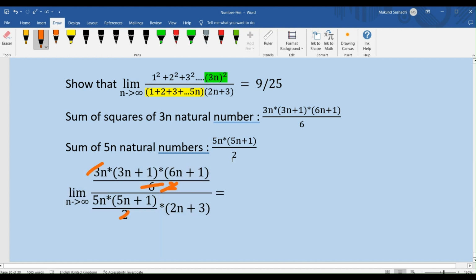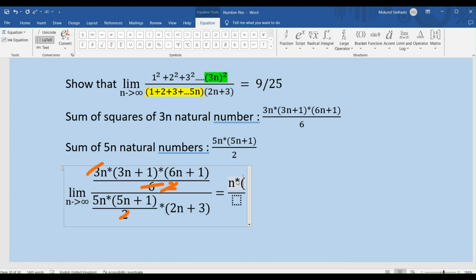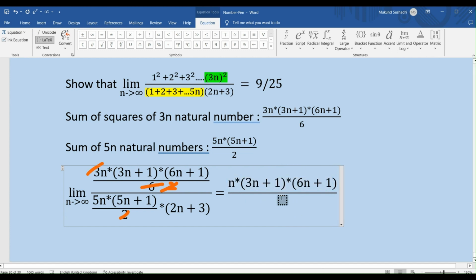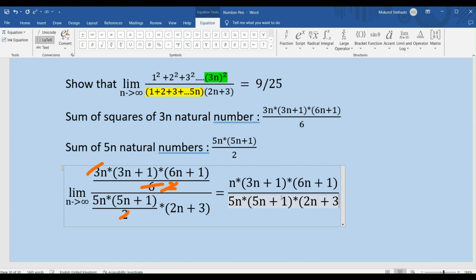And we're left with n into 3n plus 1 into 6n plus 1, right? We've cancelled out the numbers, and we still have 5 at the bottom, 5n plus 1 into 2n plus 3, right?